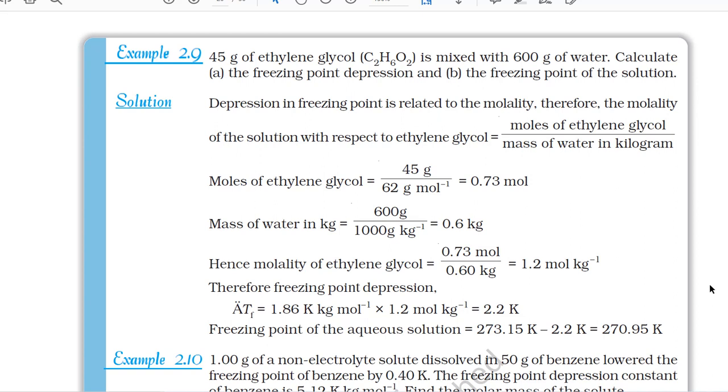Therefore, freezing point depression is equal to 1.86 Kelvin kg per mole into 1.2 mole per kg, which is equal to 2.2 Kelvin. Freezing point of the aqueous solution is equal to 273.15 Kelvin minus 2.2 Kelvin, which is equal to 270.95 Kelvin.